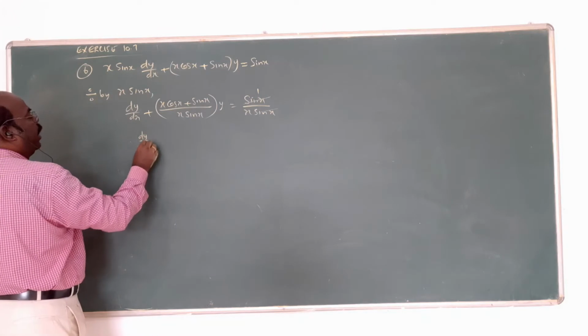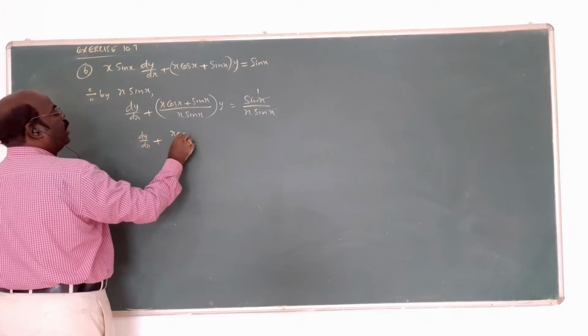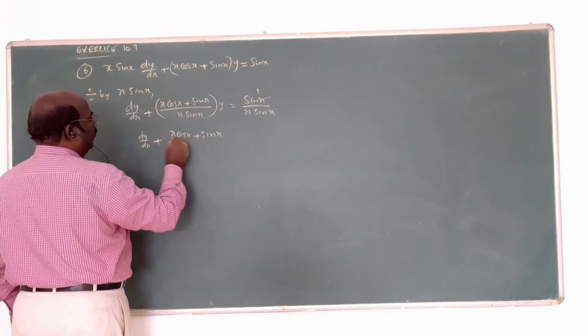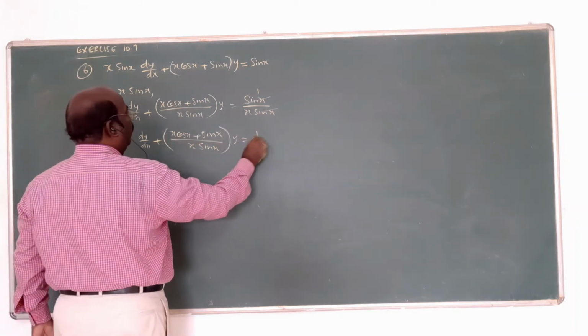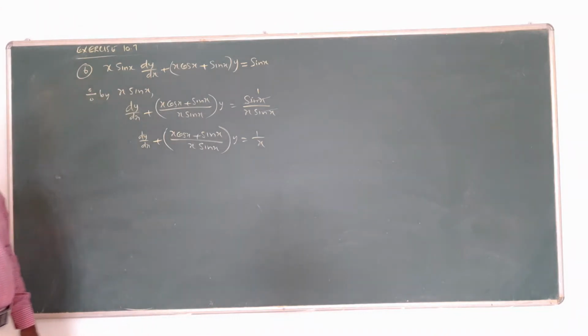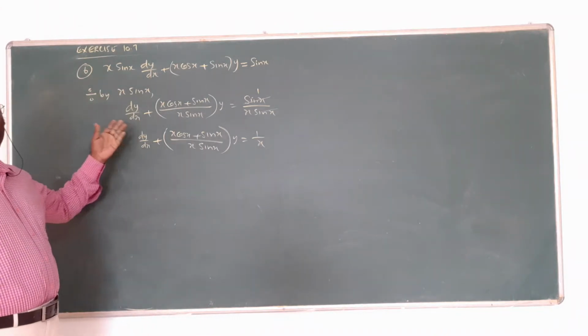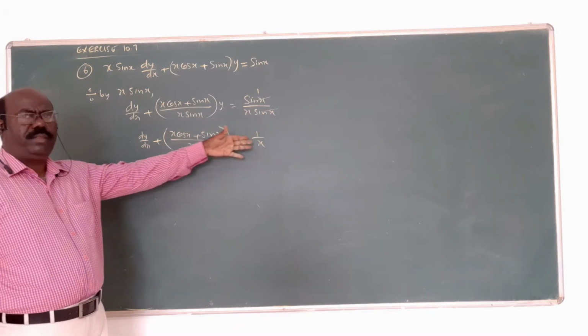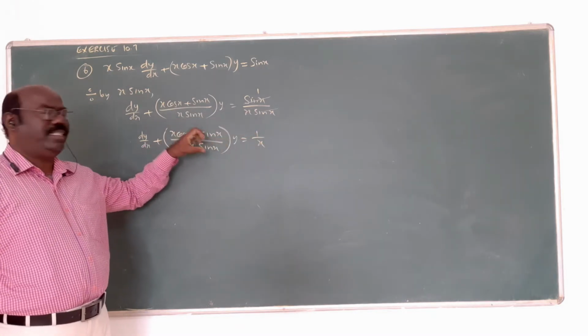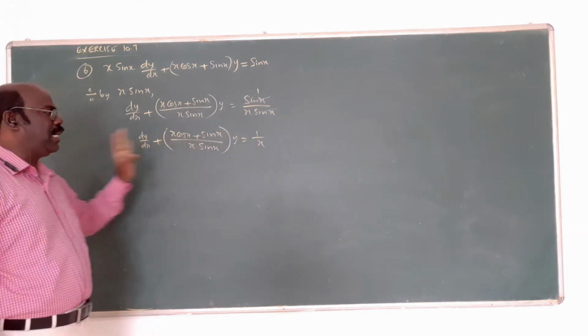So dy by dx plus (x cos x plus sin x) by (x sin x) into y equal to 1 by x. Correct? Now it is also of the form dy by dx plus something into y equal to Q. The something always tells us by x. The Q also tells us x always. Correct?